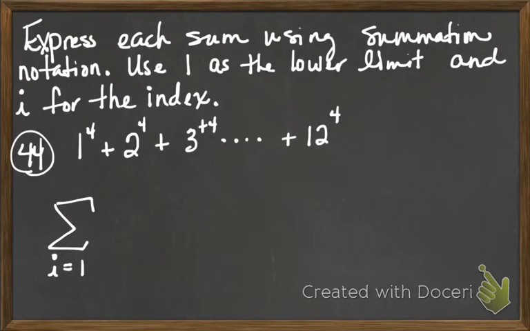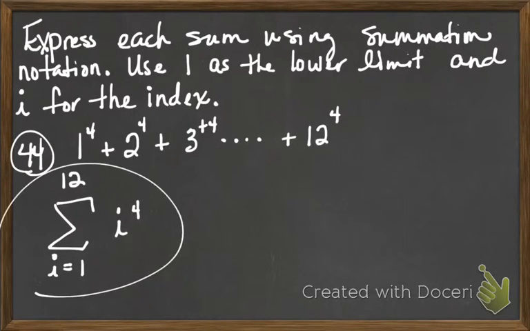I shouldn't have written a plus 4 right there. What's not changing is the 4. What's changing is the base. So this one's fairly easy, and this one would be I to the what? This one will be I to the 4th. They're telling you what your lower limit is, and your upper limit, you're going to go all the way to that last term, and that last term would show you that your upper limit would be 12.